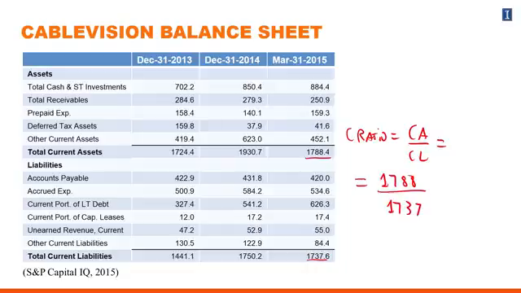This is in millions. So this means that Cablevision has $1.8 billion in current assets and $1.7 billion in current liabilities. So this ratio is approximately equal to 1. Cablevision has the same amount of current assets as current liabilities.